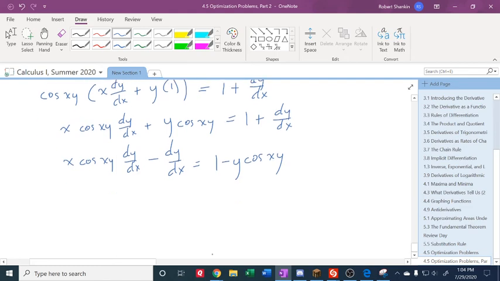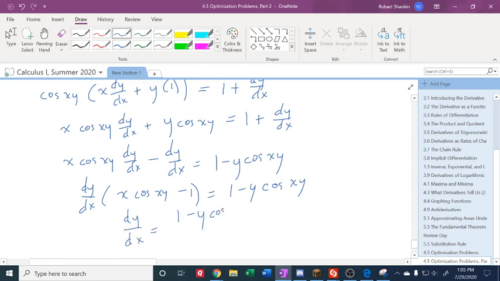And then I'm going to factor out dy dx. Finally, I'll divide both sides by what's in parentheses. And I have that.